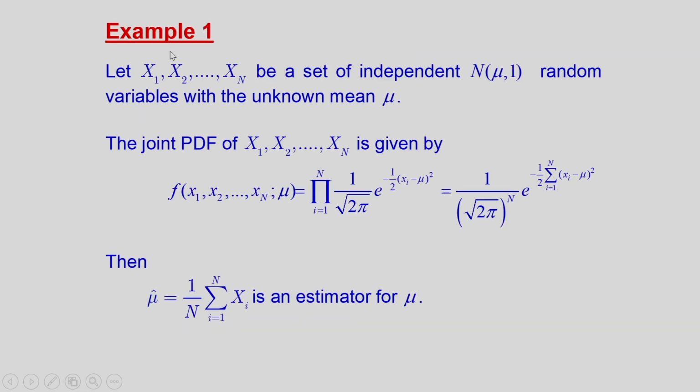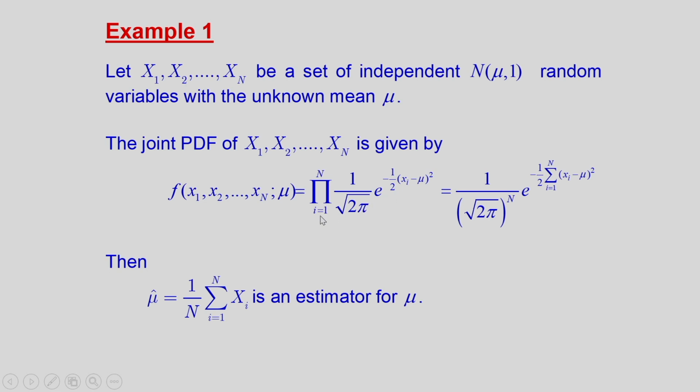Let us give an example. Example 1. Let x1, x2 up to xn be a set of independent normal (mu, 1) random variables with unknown mean mu. For this normal distribution, mu is unknown. The joint PDF of x1, x2 up to xn is given by the product of the individual marginal PDFs.